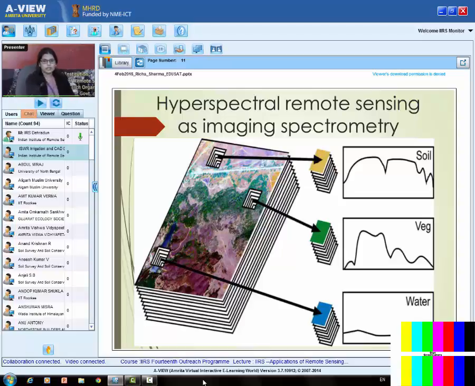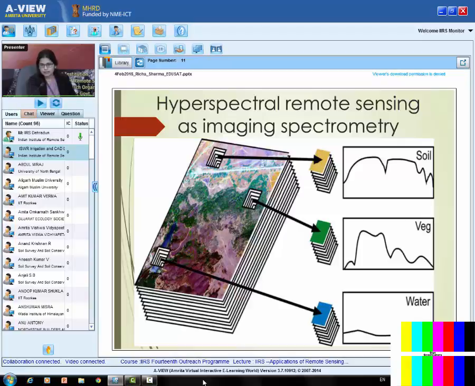Now you can see that this is what I was telling you, imaging spectrometry. This is a hyperspectral image, for example, and we have generated the spectra of materials available in it. For example, we have taken only three. First is soil. We have selected a pixel which represents the soil class, and the spectrum of that soil class has been generated.